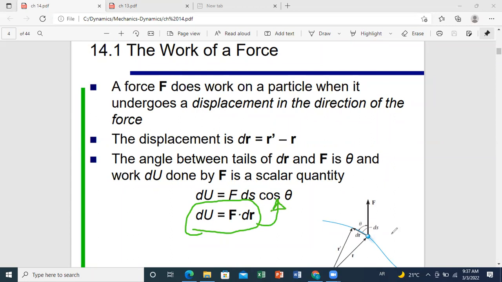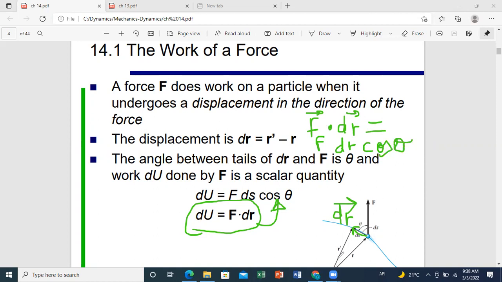Because if you consider the displacement vector dr and the force F, then if you do F dot product dr, by definition, when I do a dot product, I get the magnitude of the force times the magnitude of the second vector, which is dr, times cosine theta, which is the angle between the two vectors F and dr.